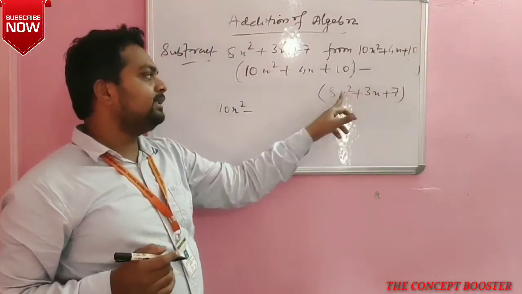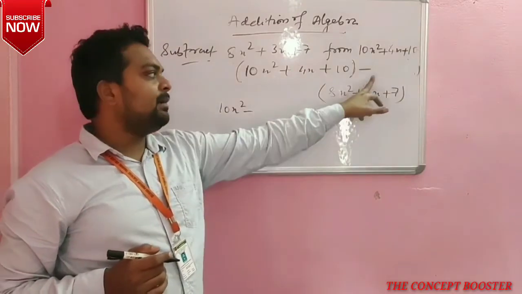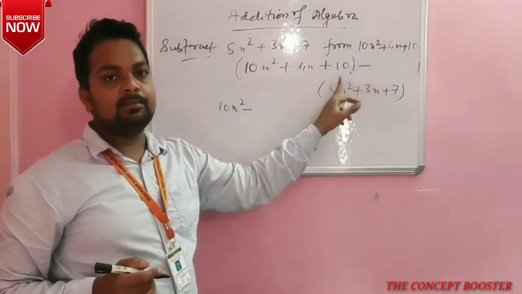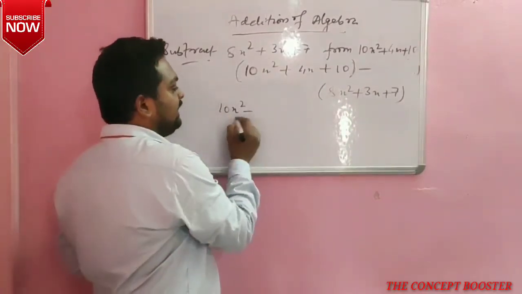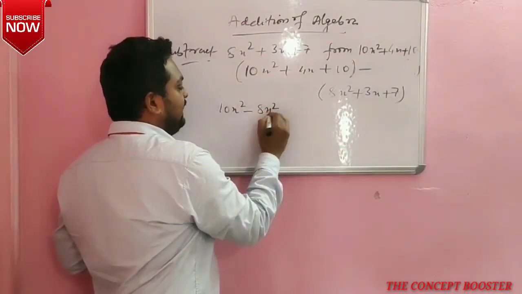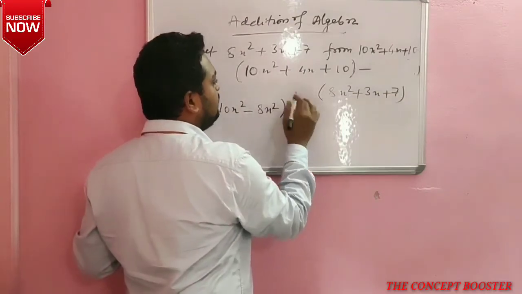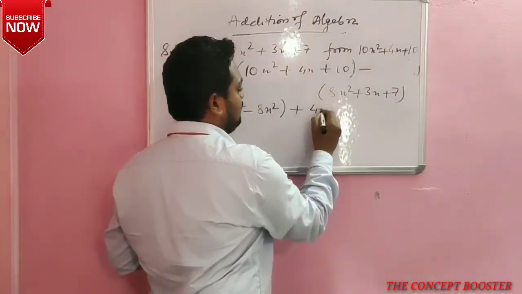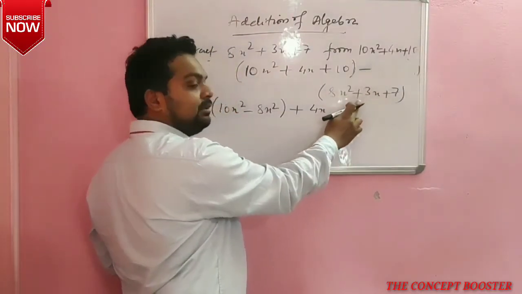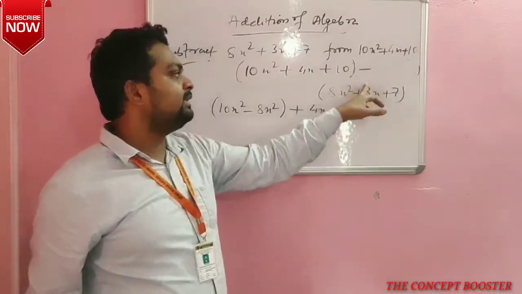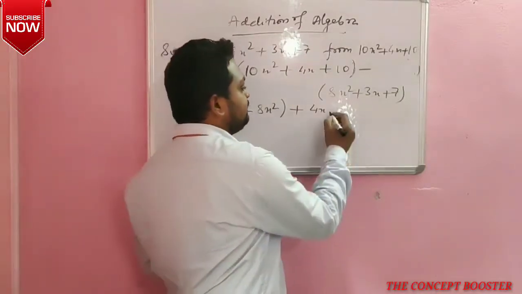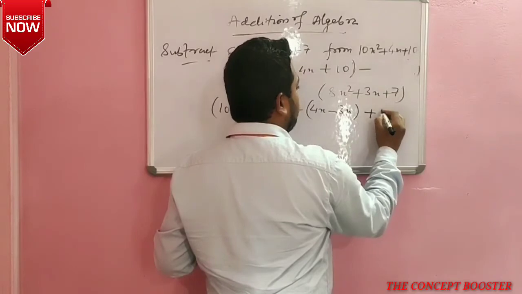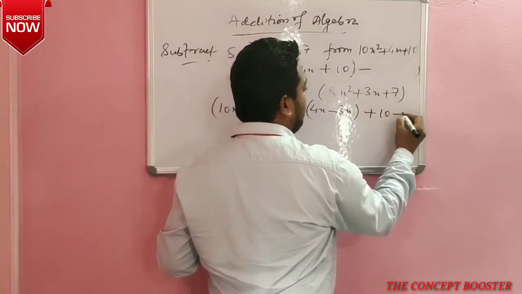Minus into 8 is minus, so this is minus 8x square. So 10x square minus 8x square, then plus 4x, and this minus will be multiplied with this also, so minus into plus is also minus, so minus 3x, and then plus 10 minus 7.